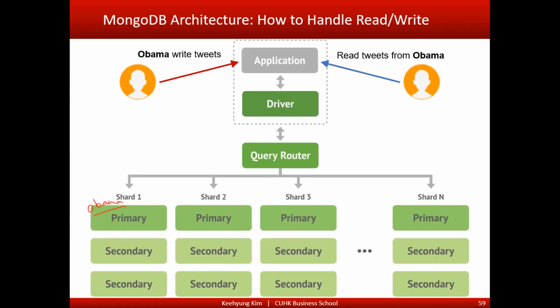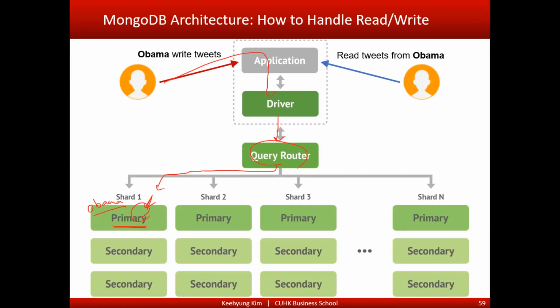If Obama writes a new tweet, that request will be sent to the driver, the driver will send it to the query router, and the query router will see where Obama's information is stored. Obama's information is stored in this primary part on shard 1. So it sends that request here, and Obama's new tweet will be added into the primary.